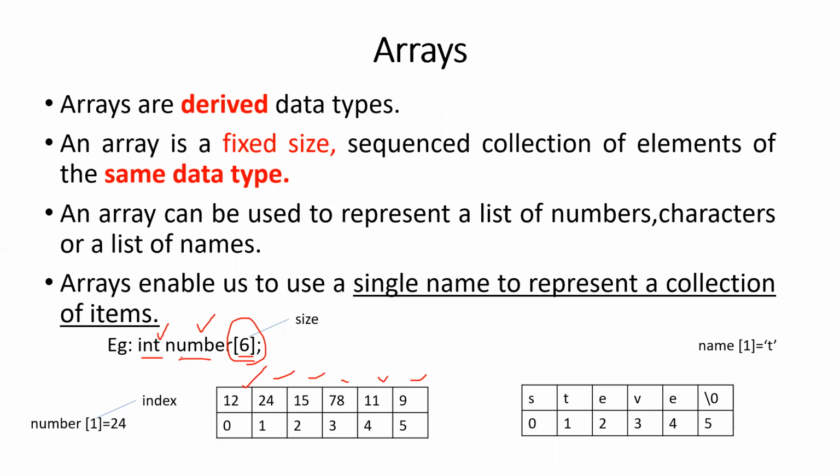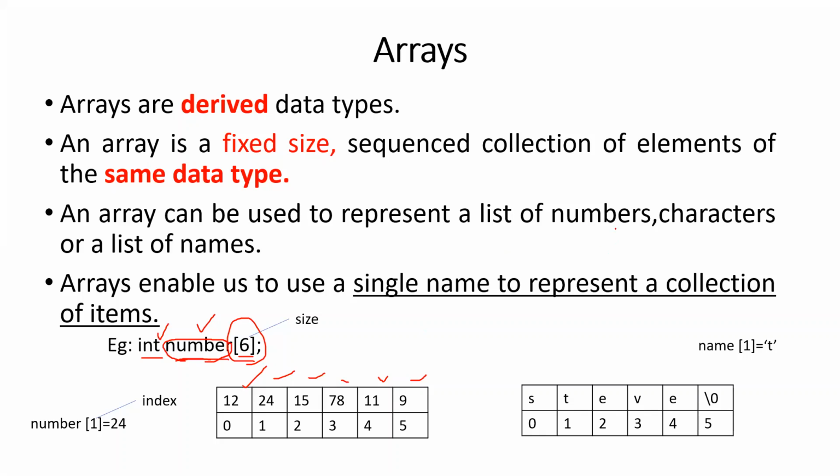All these can be referred to with a single variable name called number. Got it? Six items or elements can be referred to with a single variable name called number, because I have declared an array. Understood? So how to access these elements from an array? That we will learn in the next slide.